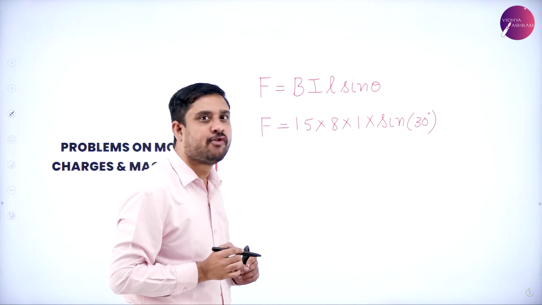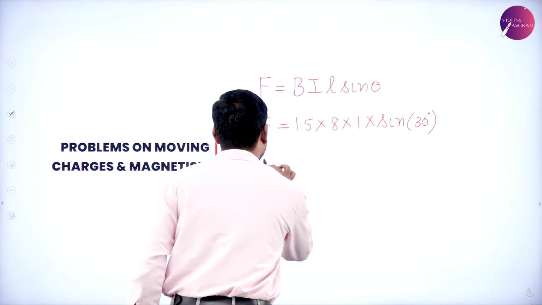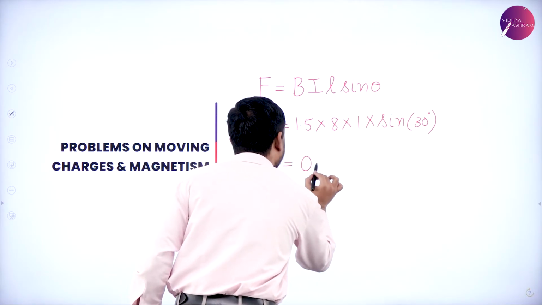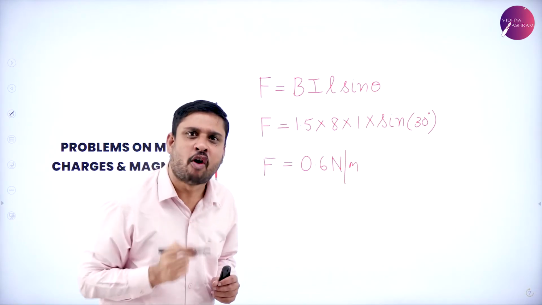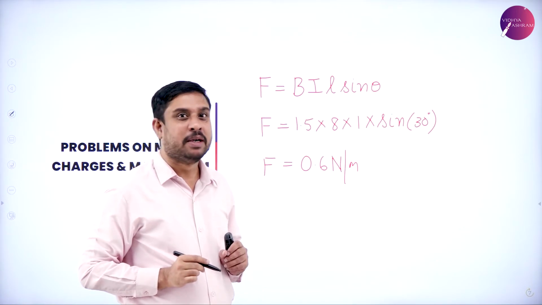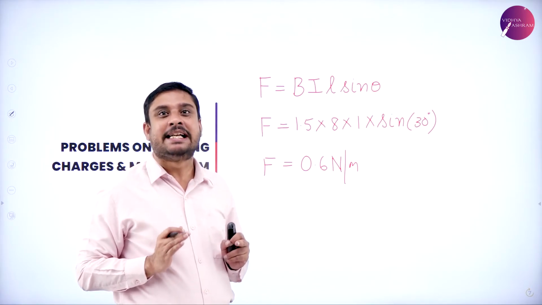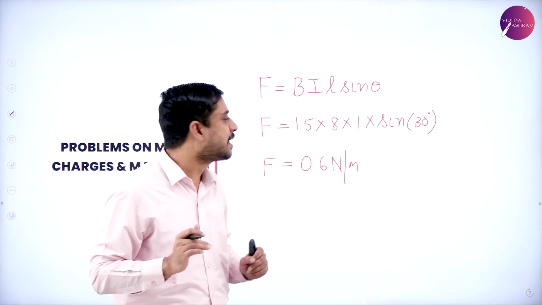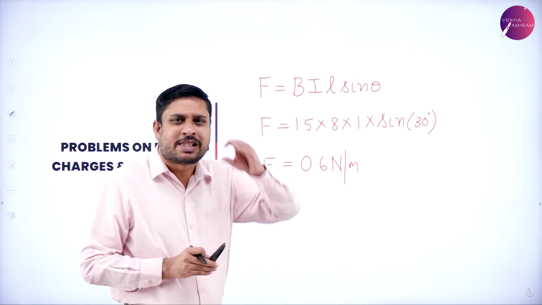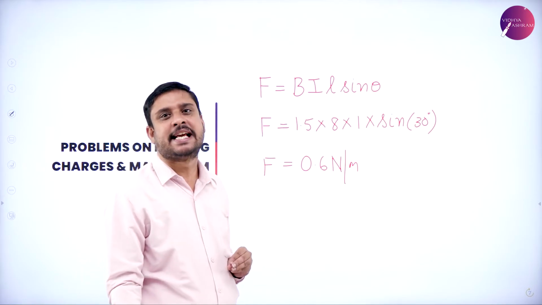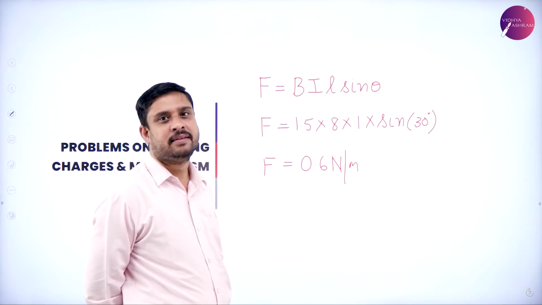Half of 8 goes 4 times. 1.5 into 4, so this is 6 Newton per meter. How is that? Force is Newton, but the question says per unit length, magnetic force per unit length. So it is Newton per meter. So simple analysis of this statement will help us to solve the problem easily.